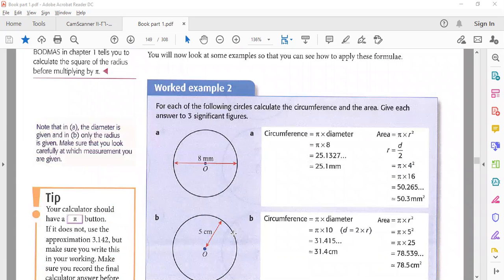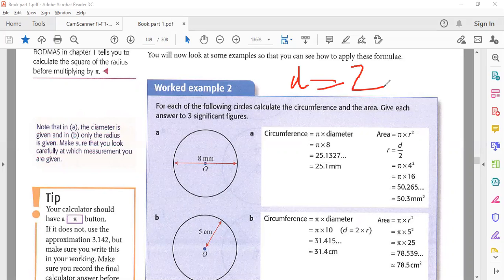So here we have the first example. If you have a diameter, you don't need to write 2. If you have a radius, you must mention it, because d is equal to 2r. Remember this, I mention it here as well.